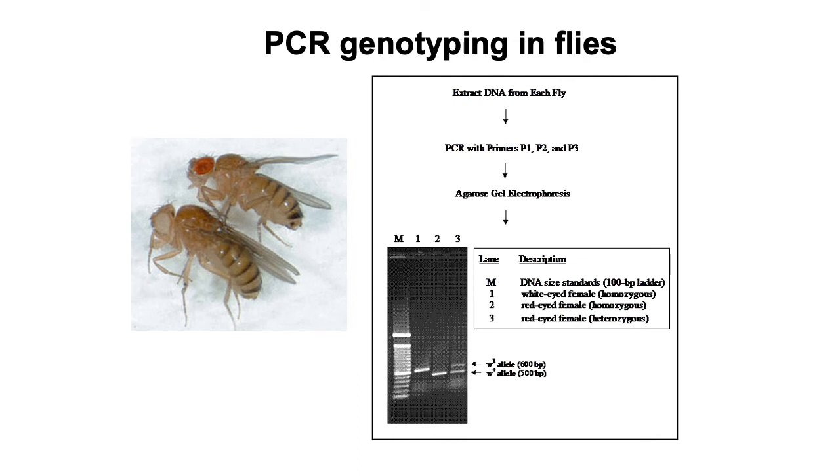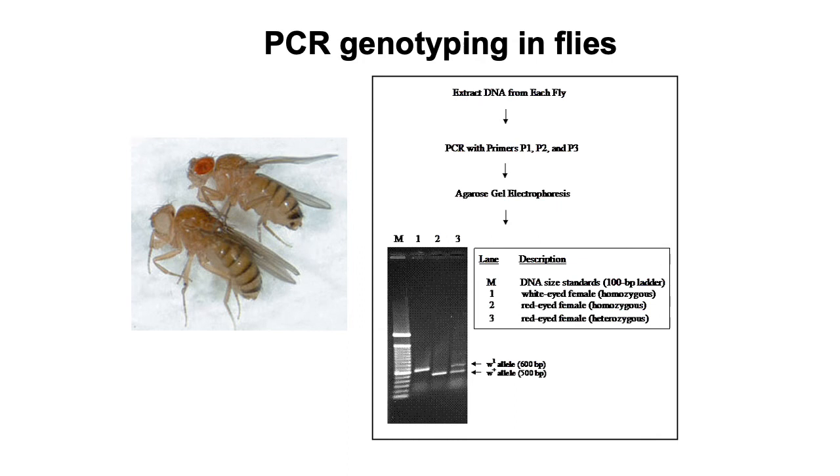So you guys know you did this. You extracted DNA and used PCR to actually determine the genotype or the genetic makeup of your red and your white-eyed flies. And so you can extend this to determining the genotype of humans.